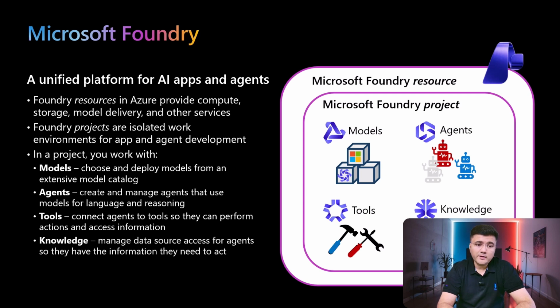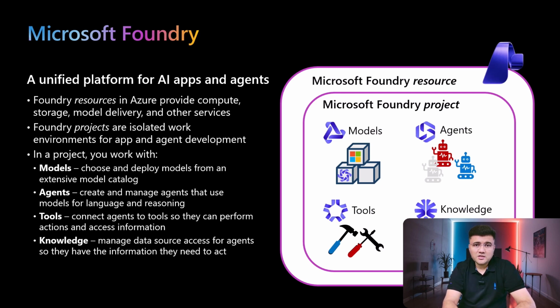And your knowledge source is the data source which you want to associate and provide to your agent for a retrieval mechanism, using which your agent will be able to gain knowledge associated with your organization, your products, or maybe your services. A combination of all these things is available inside a Microsoft Foundry project. And that's the reason this is one single platform which gives you all the things which you need for modern agentic development.